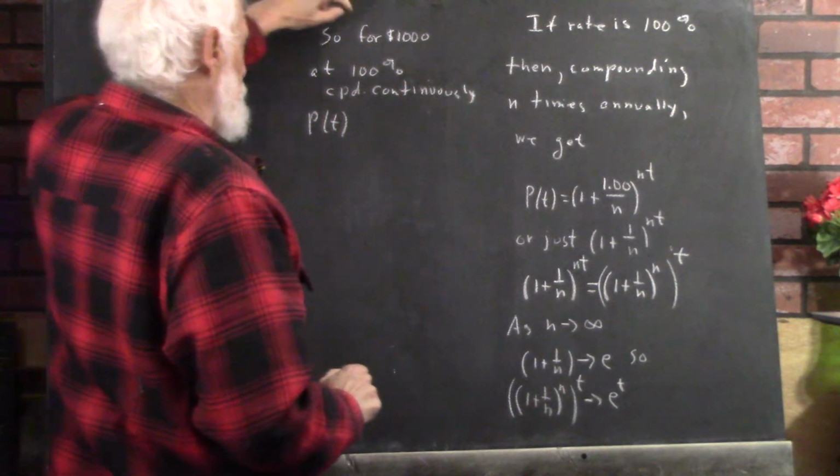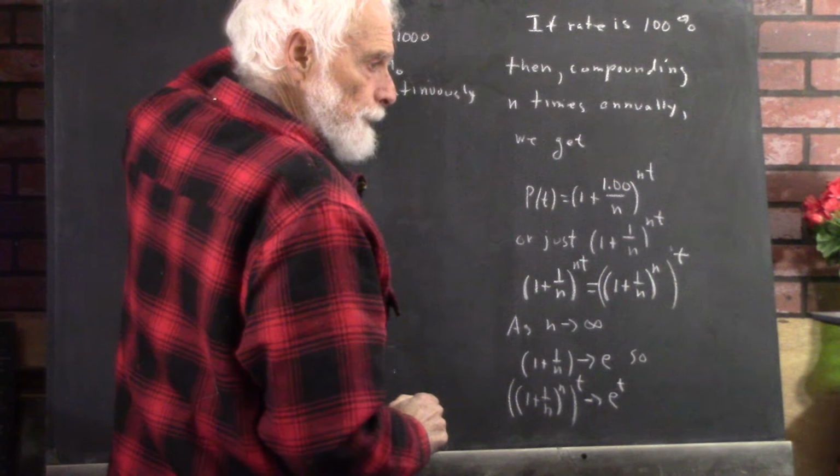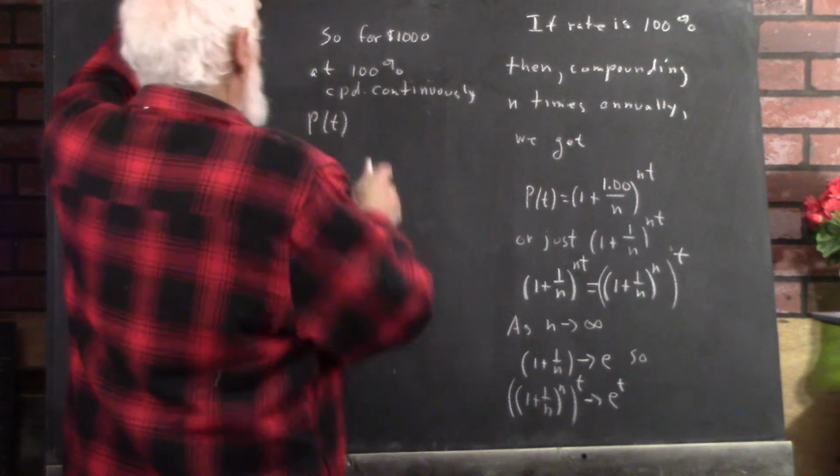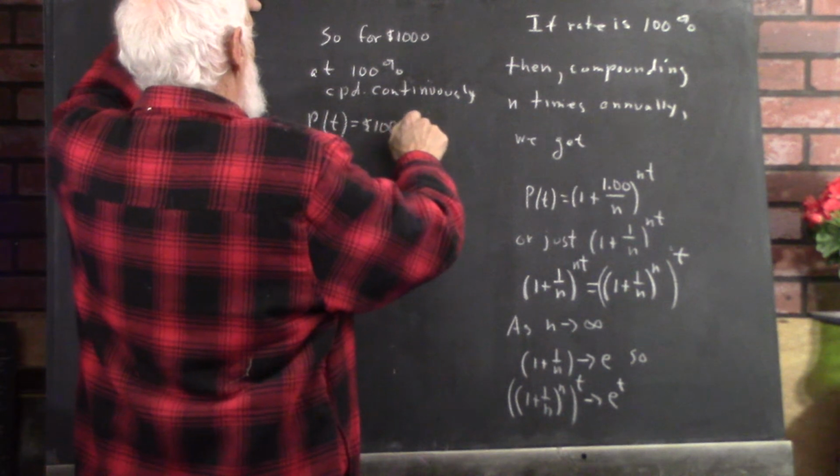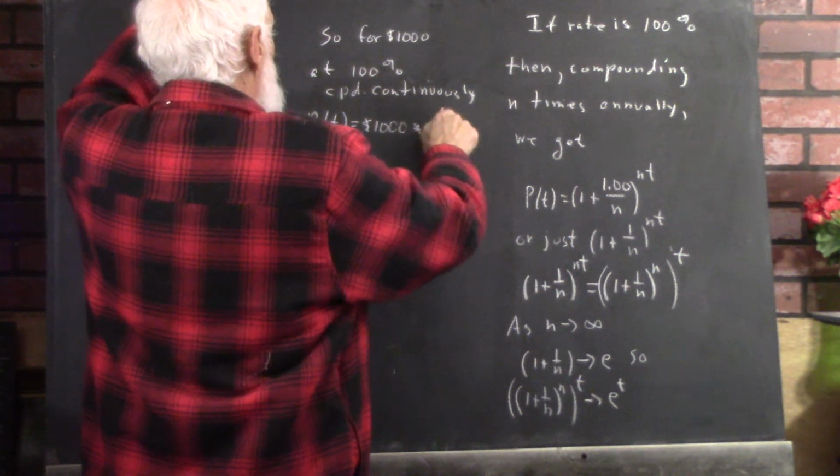Okay, for $1,000 at 100% compounded continuously, P of t equals $1,000 times e to the t.